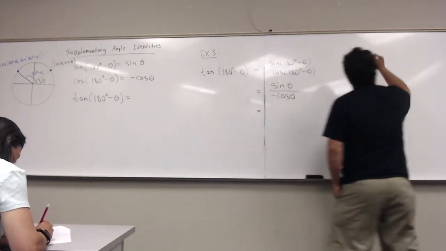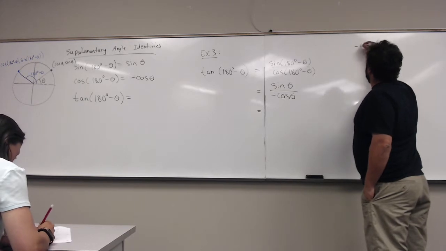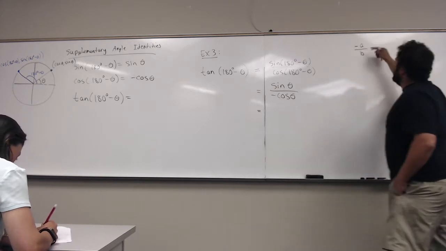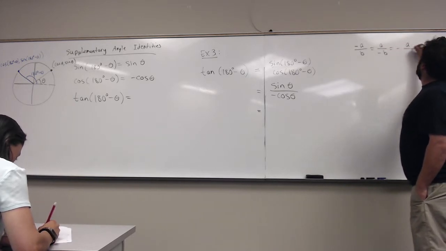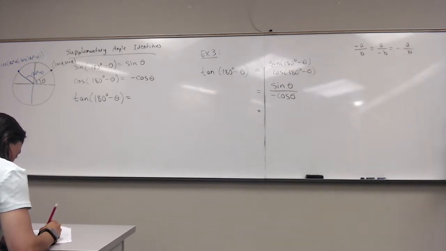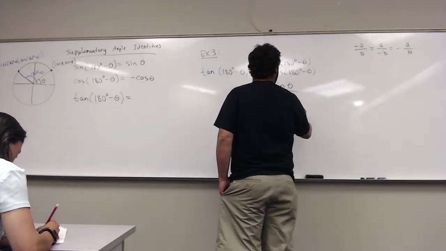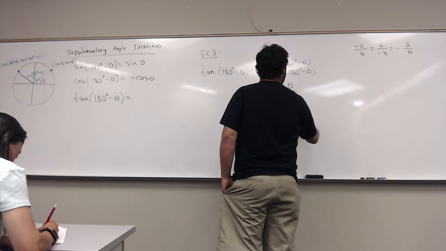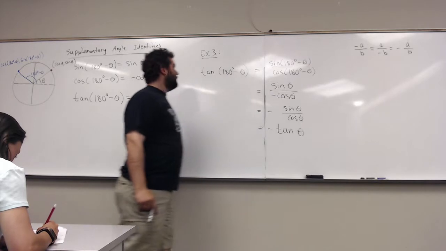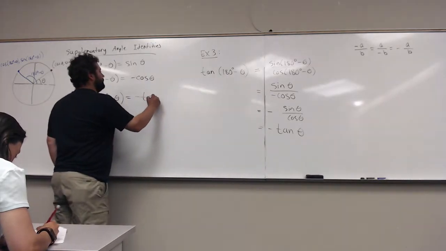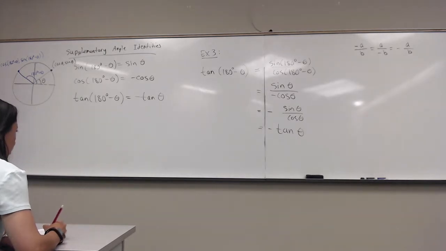So maybe a little reminder: you'll see me do this quite a bit, but if you do minus a over b, so the negative can be in the numerator, it's the same as having the negative in the denominator, or it's the same as pulling the minus in front of the fraction. So that's just a little algebra fact. So this is minus sine theta over cosine theta, which ends up being minus tangent theta. So that would be the third supplementary angle identity.